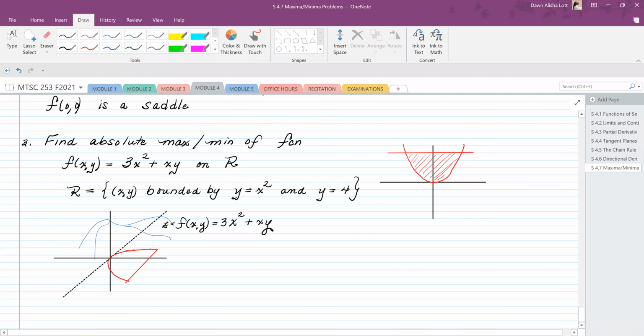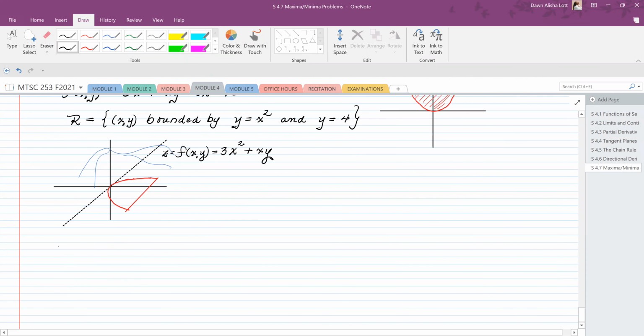And so what do we do? We start with f sub x. So f sub x is 6x plus y. And then f sub y is equal to x. So I need 6x plus y to equal 0 and x to equal 0.